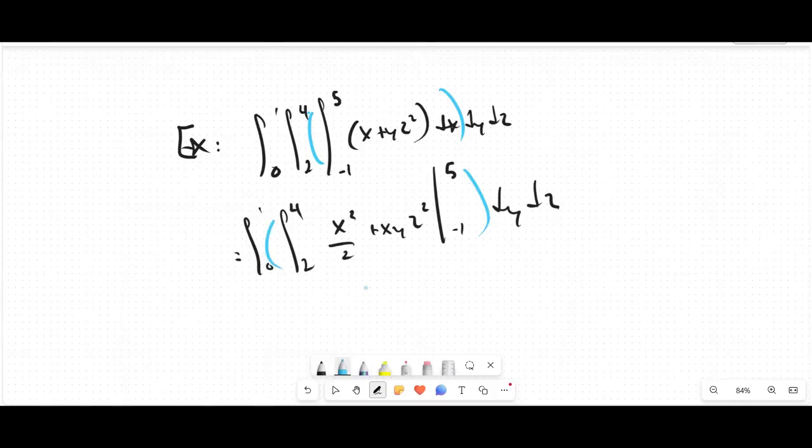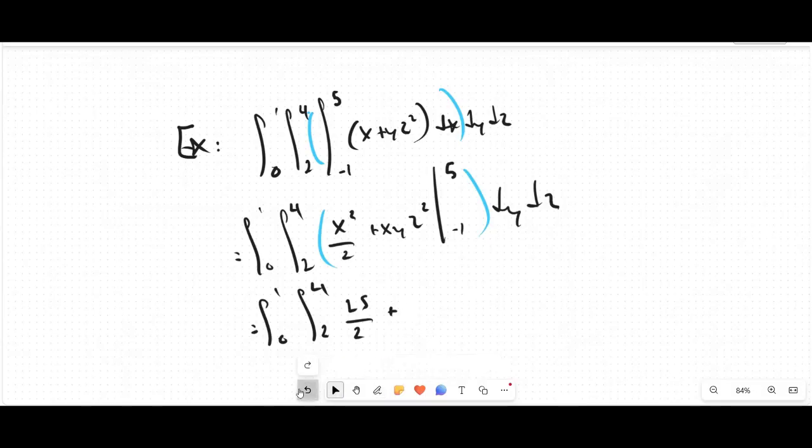Oh no, sorry, that line was drawn wrong. It should be right here. The innermost integral integrates to x squared over 2 plus xyz squared. I gotta plug in a bunch of numbers now. That 5 is making me uncomfortable. 25 halves plus 5.